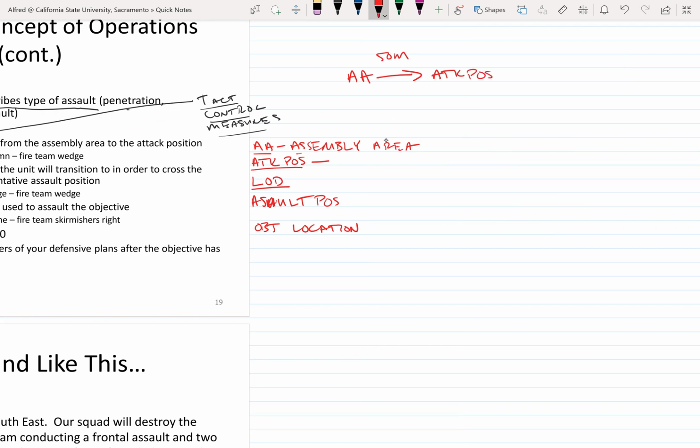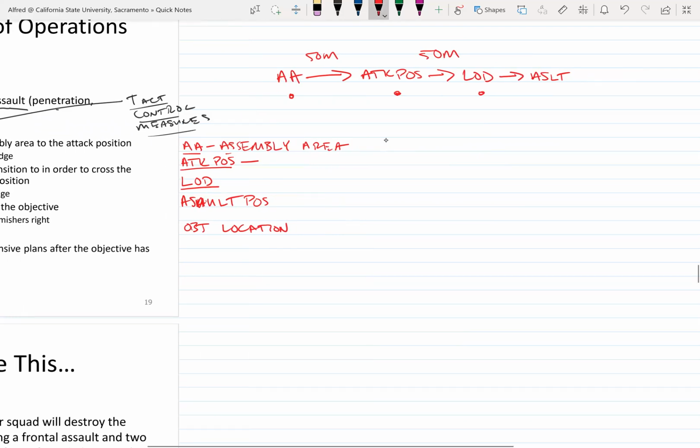And sometimes your instructor is going to make you do this, and mine didn't. They didn't care. They just said, get on with it, because they're tired as well. And each of these are like grid coordinates. Line of departure, assault position, objective location.